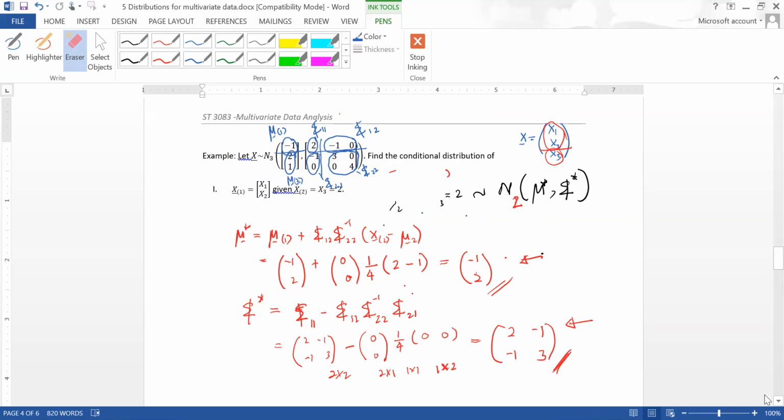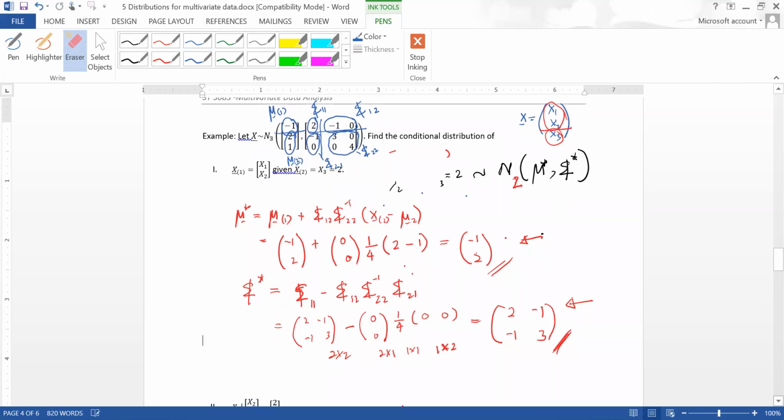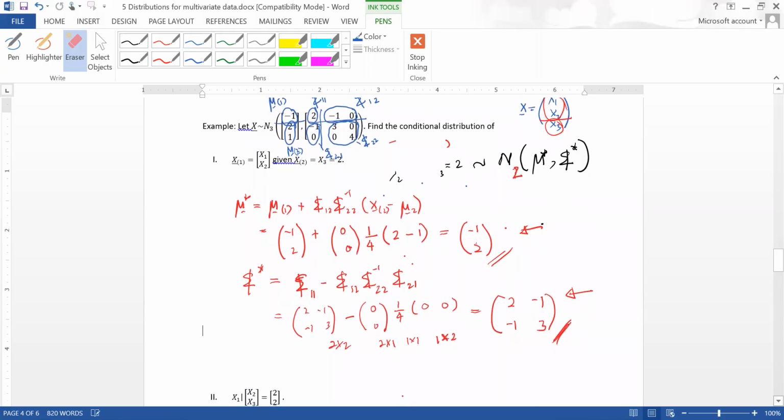Using those, you have to plug in here. So we know that this is a normal distribution with another mu star, we'll say mu 2 star, sigma 2 star.